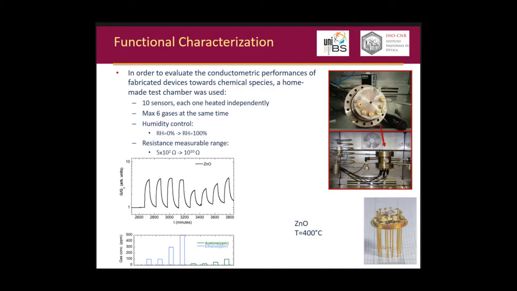So typically we use humid air, we control the humidity, and we detect the resistance or the conductance of the material by means of a picoammeter. The resistance values are in this range, maybe more; the better values are between 10 to the 4th and 10 to the 6th to have a readable signal.